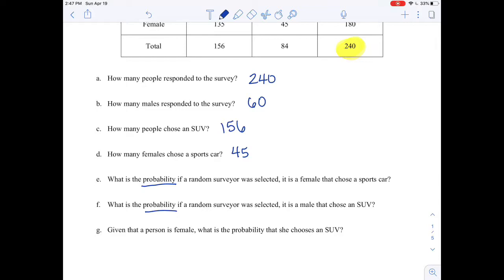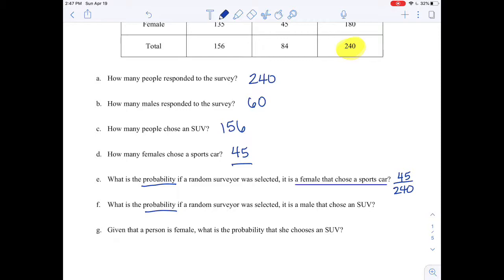What is the probability that if a random surveyor is selected, it is a female that chose a sports car? Okay, so somebody who is female and chose a sports car, remember that was 45 individuals, so 45 out of 240, that's the probability of choosing a female who wants a sports car out of everybody who is surveyed in this situation.